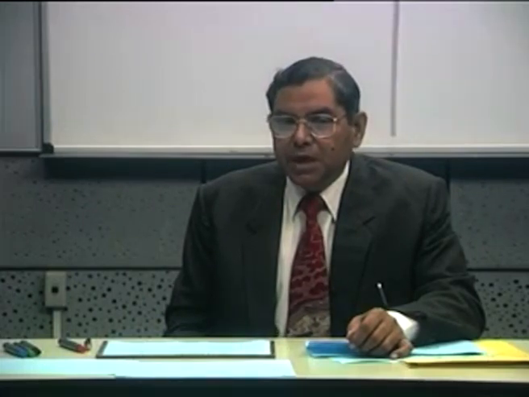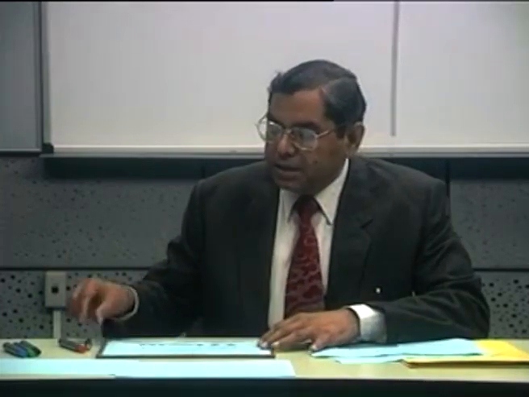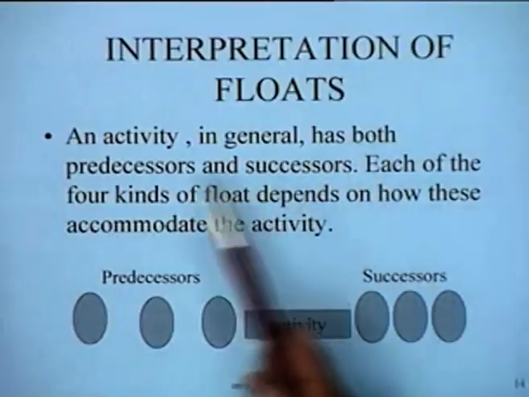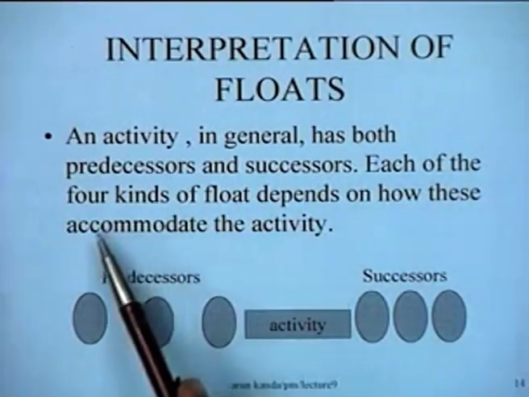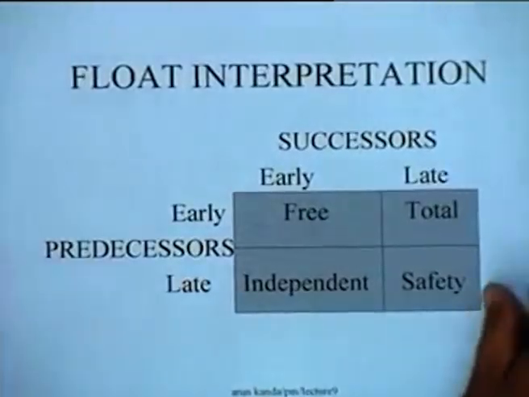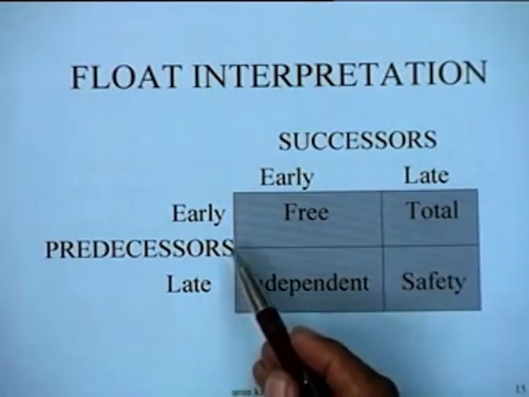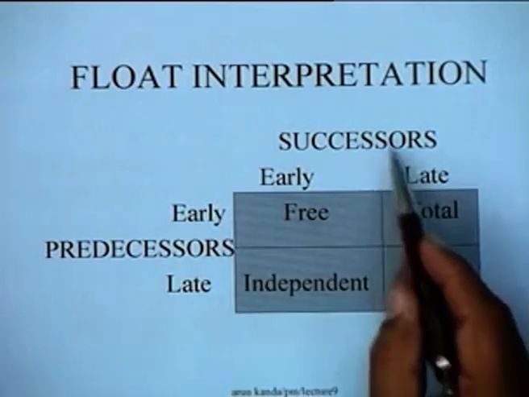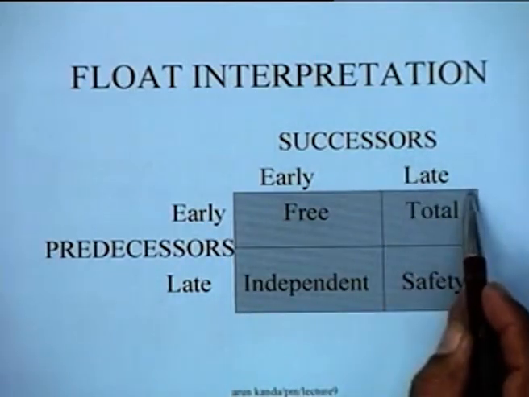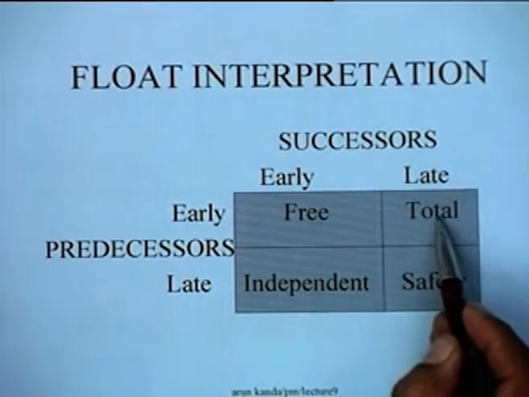You know that from the AOA representation we showed that float in general depends upon how the predecessors and the successors of the activity are accommodating the activity, and so we in fact had talked about 4 kinds of floats, and these 4 kinds of floats were, if you recall, the total float, which actually happens when the predecessors are done as early as possible and the successors of the activity is done as late as possible, so that the maximum leeway is available to that particular activity. So that is the total float.